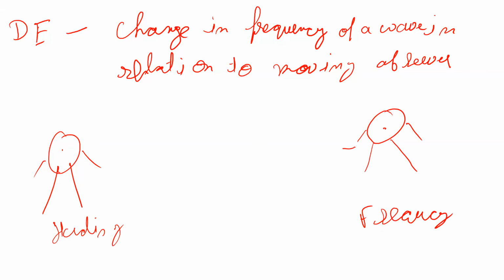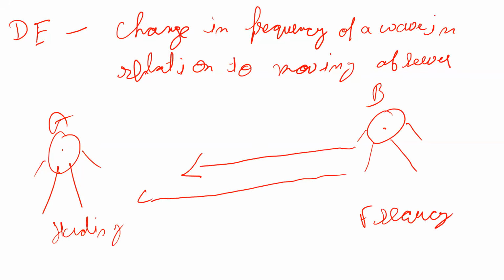If he's moving towards this person A, even if he's speaking at the same frequency, person A will think that he's speaking loudly. At this point, he may speak very slow, but as he moves towards person A, A will think that he is speaking loudly. So this is called the Doppler effect.